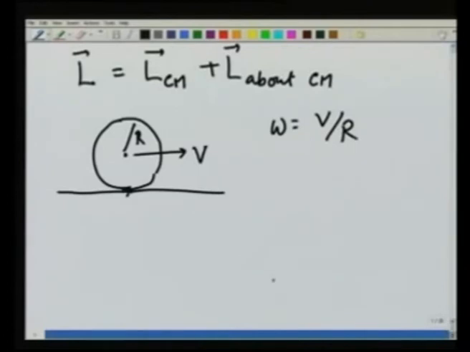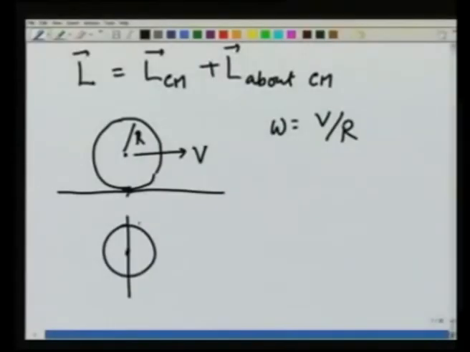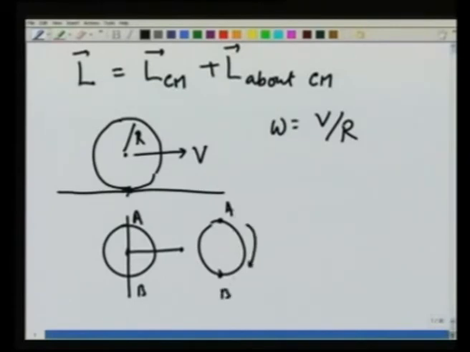So, I can consider this motion as if the center of mass is translating with velocity v, on top of it this body, let me just say this is point A, point B, this whole thing is translating with velocity v, and on top of it with respect to center of mass this is moving with omega equals v over r, so that instantaneously this point is at rest.